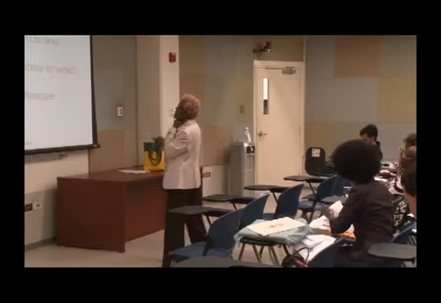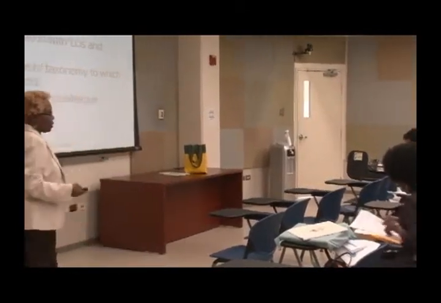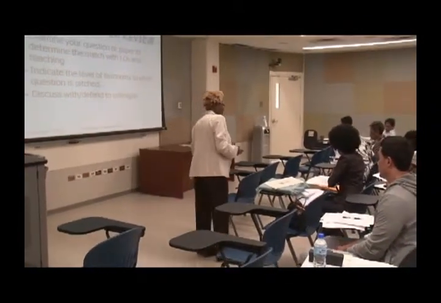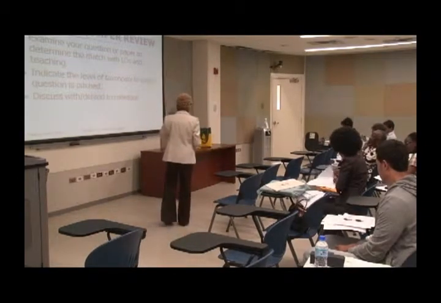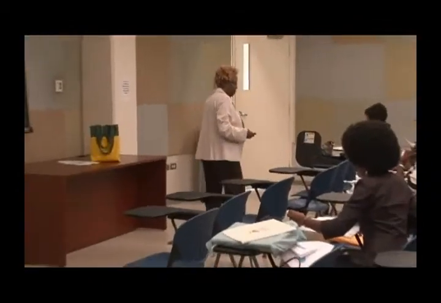And then I want to see if you can examine your question to determine whether it matches. Some people showed me theirs already, and at least they talked about it. And indicate the level of taxonomy, because that's important, the taxonomic level.